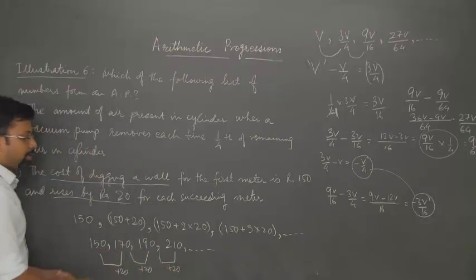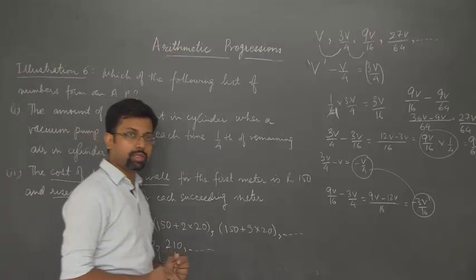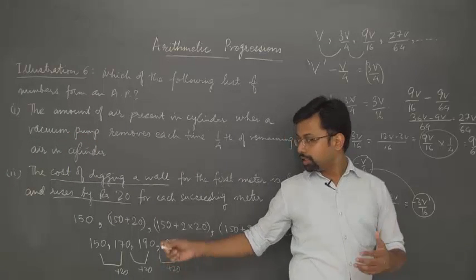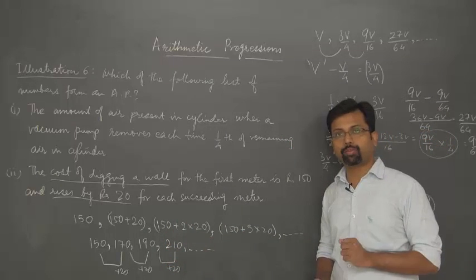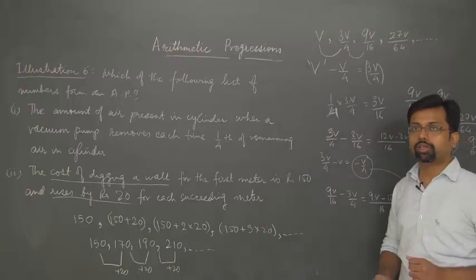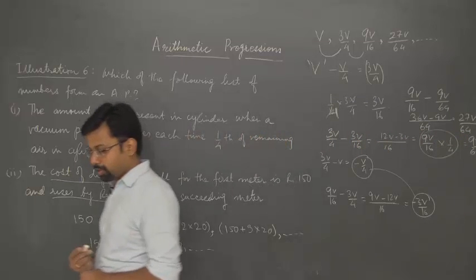You see that the common difference of any two consecutive numbers in this list always remains 20, which is a fixed number, and hence this situation represents an arithmetic progression, whereas the earlier one did not, because the common difference did not turn out to be a constant number.